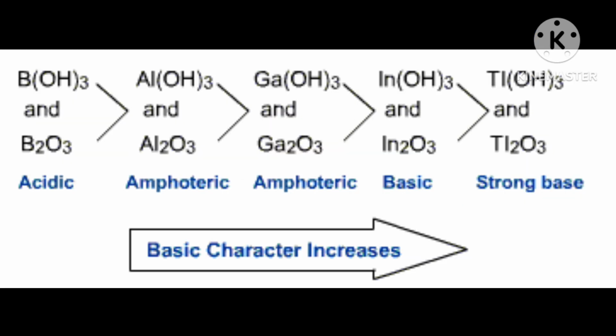Aluminum chloride in acidified aqueous solution forms an octahedral complex, meaning [Al(H2O)6]3+ will form.